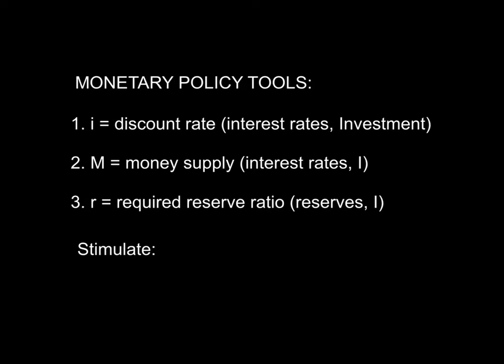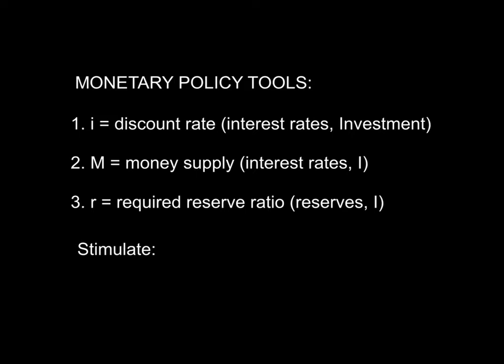So how do we use these tools? If we wish to stimulate the economy, in other words, increase GDP, reduce unemployment, and typically this means we are not extremely worried about inflation, or indeed we may have inflation at too low of a level or even deflation.